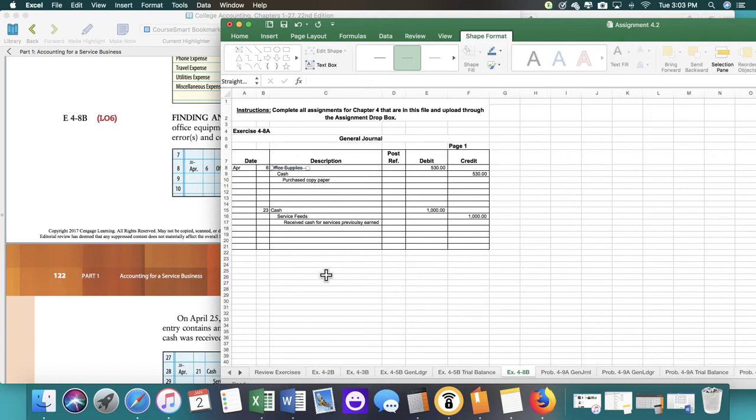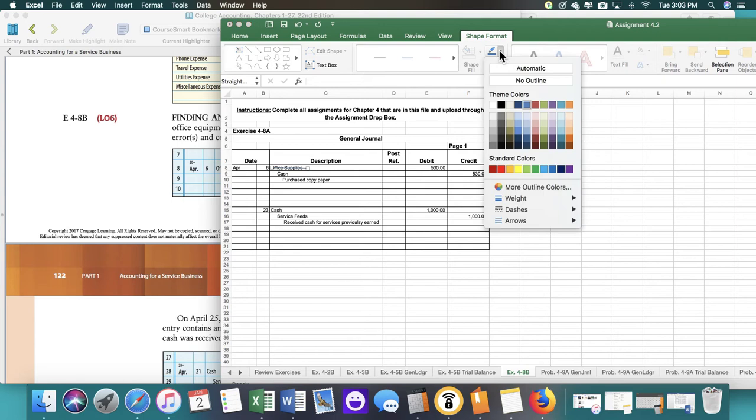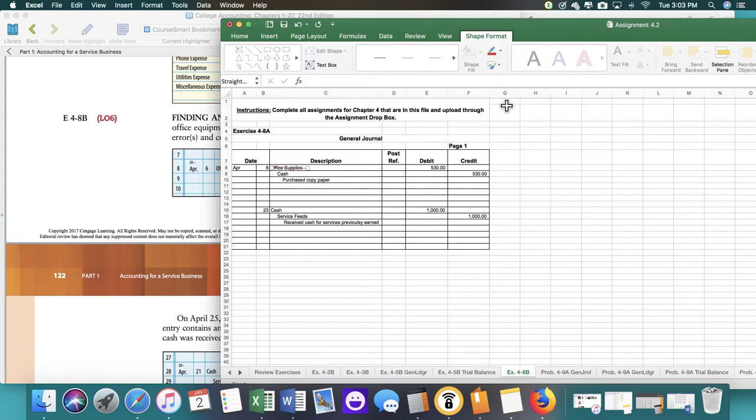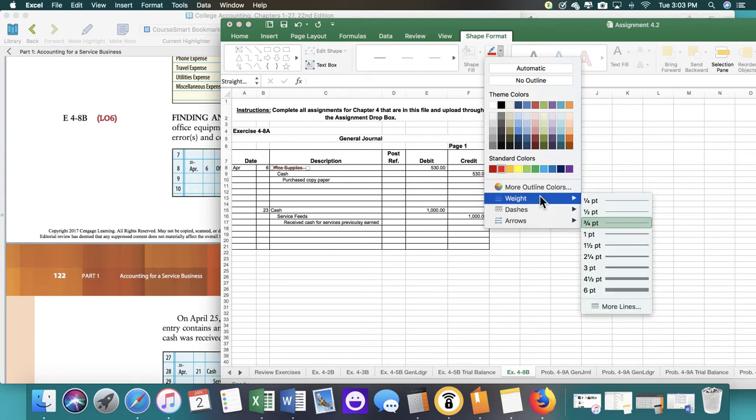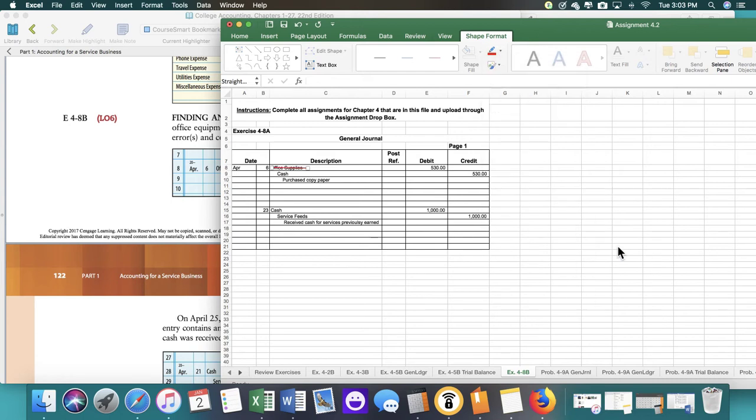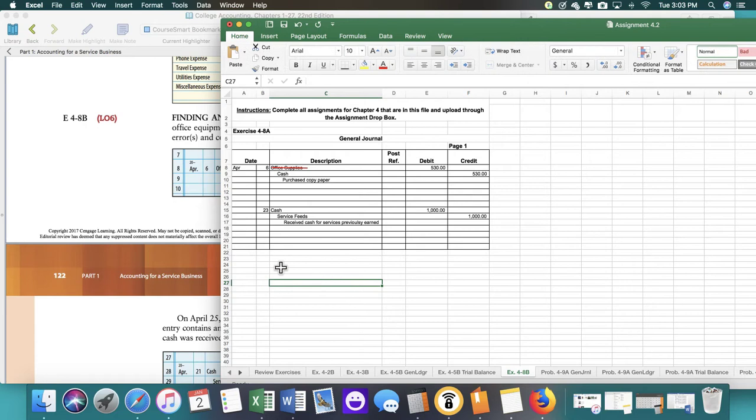Unfortunately, it's not very clear, so I'm going to edit it to make the line a little darker. I'm going to change the color to red to make it a little more visible. There we go. So we crossed out office supplies.